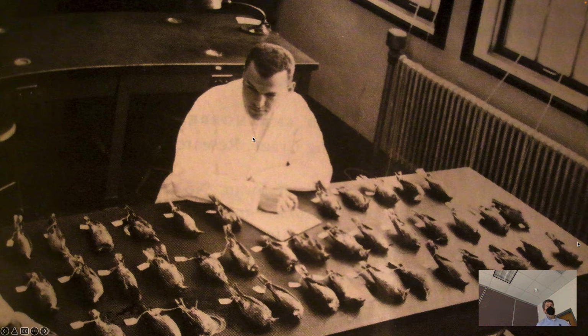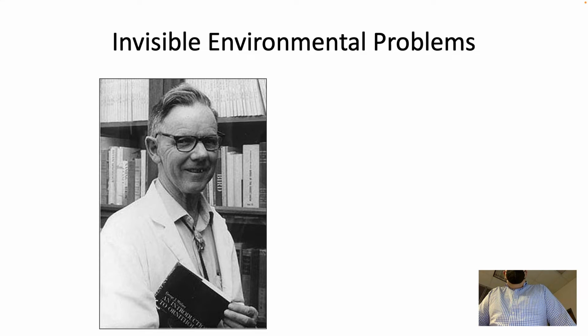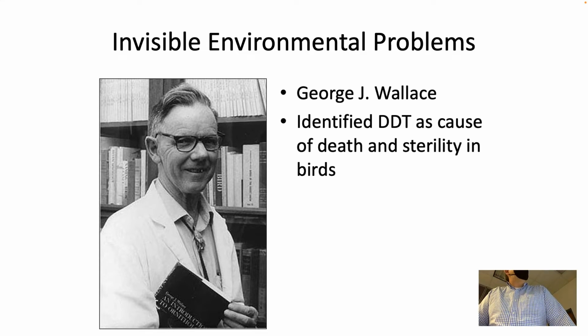So this gets back to where we left off the last class and where we started tonight. And this is the research that was done here at MSU looking at the impact of DDT on birds. Dr. Wallace and his graduate students identified that DDT was the thing that was killing robins around campus. And other scientists then realized that it was causing not just death, but it was also causing sterility in birds.